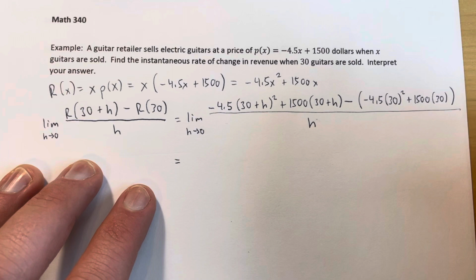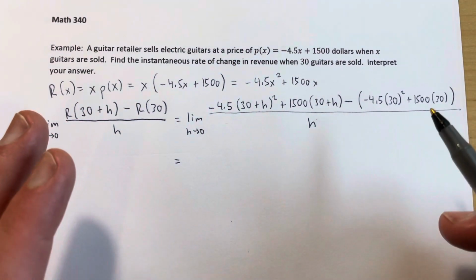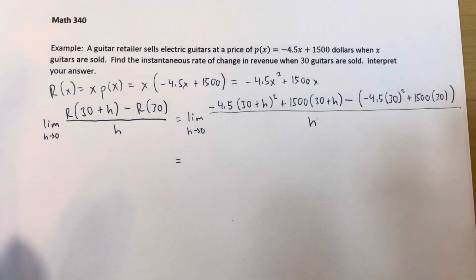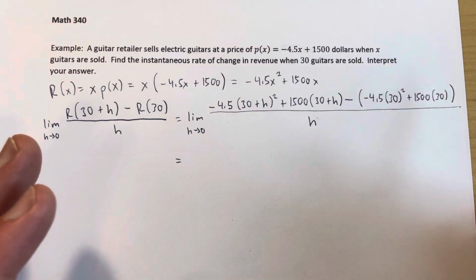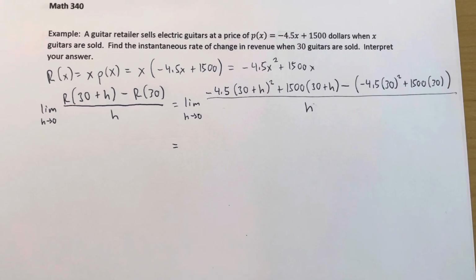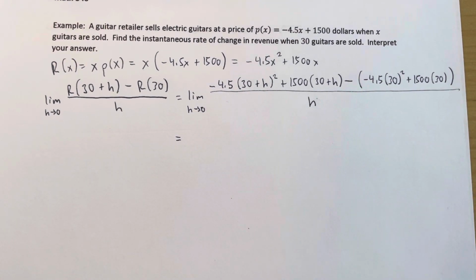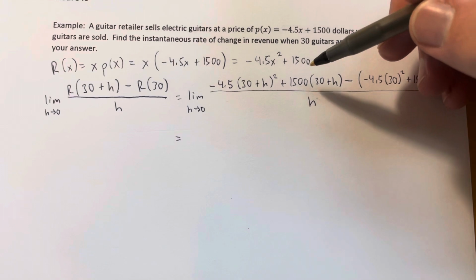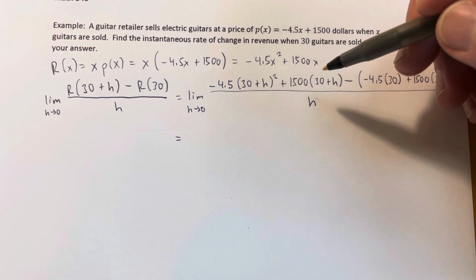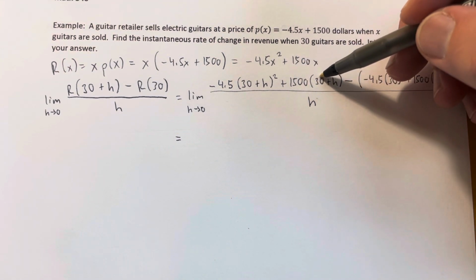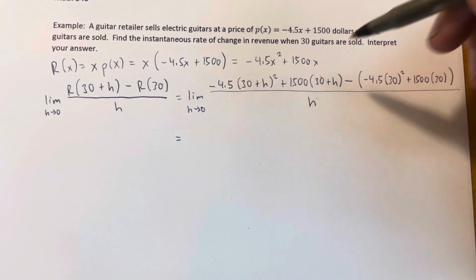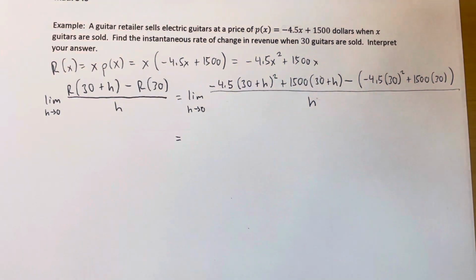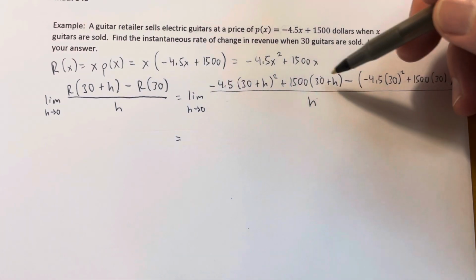All right, now we want to distribute things, multiply things out, cancel things out. But we have seen now with some of the examples that there's some arithmetic tricks you can do to see ahead of time when things will start canceling out. So here's an example. One of the steps that I'll need to do up here is distribute this 1,500 into this 30, and I'll get 1,500 times 30. I don't really care what that equals because I can see pretty much right away it's going to end up canceling out anyways.